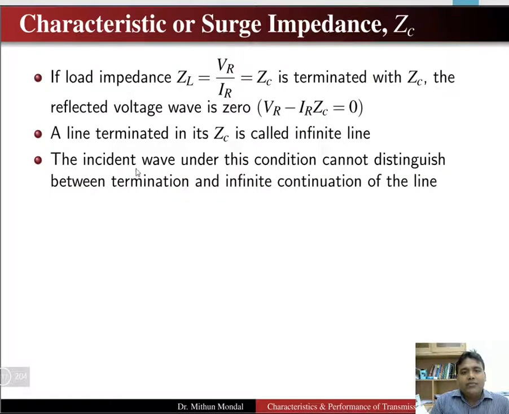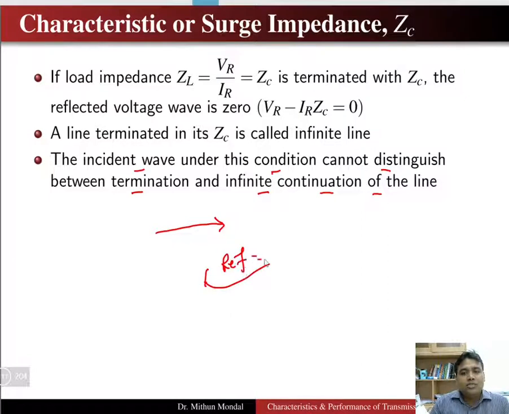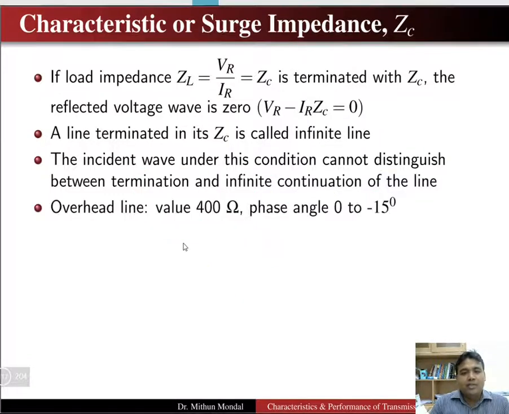The incident wave under this condition cannot distinguish between termination and infinite continuation of the line. So the reflected wave will be zero, and there will be only incident wave in the line.